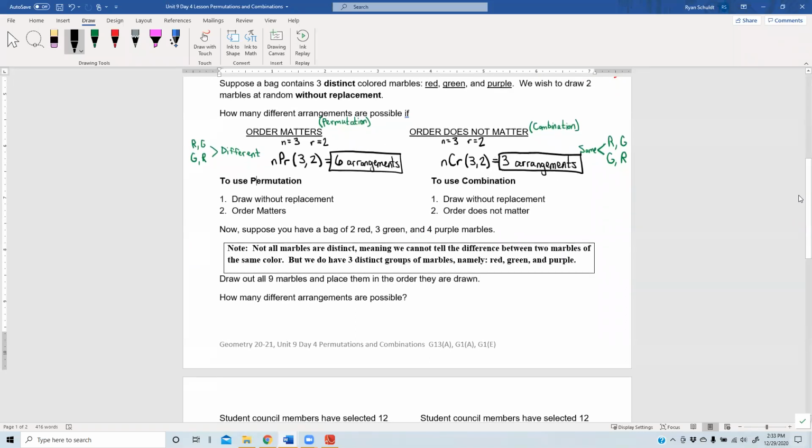So let's look at this next example. Now, suppose you have a bag of 2 red, 3 green, and 4 purple marbles. And all this note is saying is that if you have 2 red, you can't say, oh, this is red number 1 and red number 2 and tell them apart.